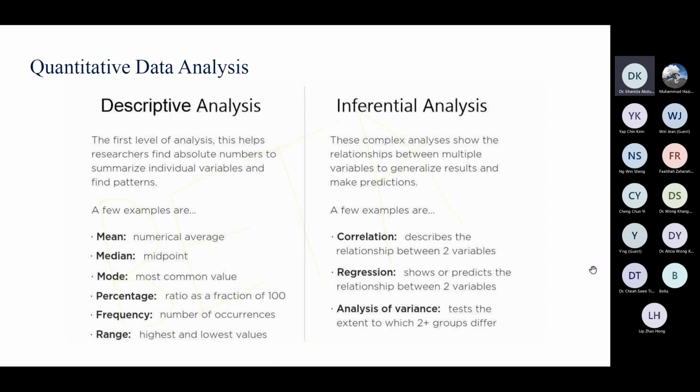Then we use analysis of variance to test the extent to which two or more groups differ. ANOVA is analysis of variance. If there are differences between three or four groups, then we use ANOVA. So there are two types of quantitative data analysis: descriptive analysis and inferential analysis.